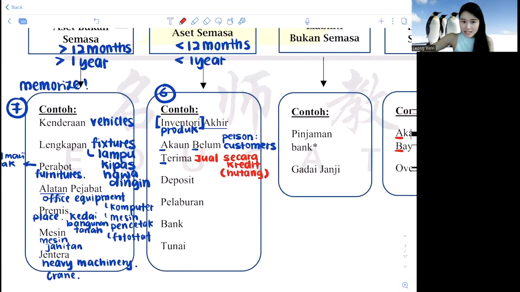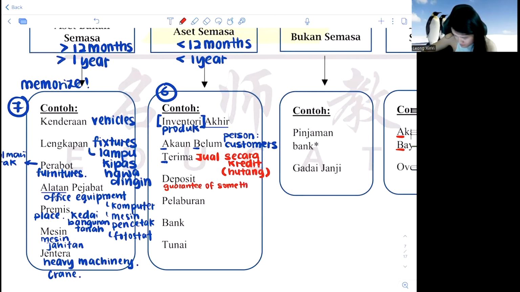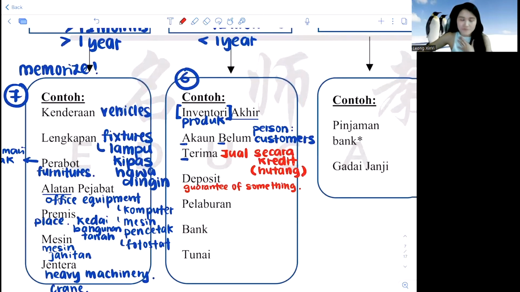So deposit, right, is the sum of money that you pay to a person as a guarantee of something. Now, of course, this deposit is supposed to be able to get back. Like for example, if now I want to rent a house, the house owner would tell me that, hey, you have to pay a deposit of 3 months.